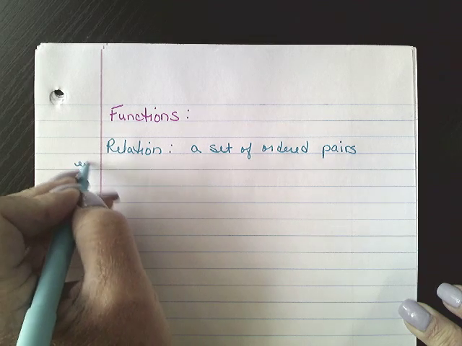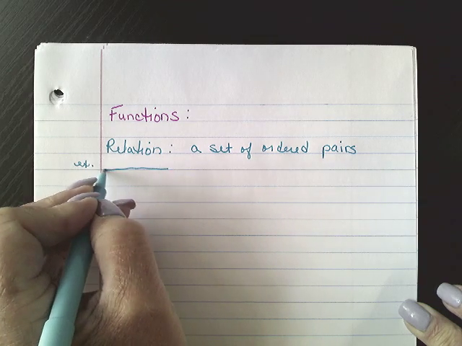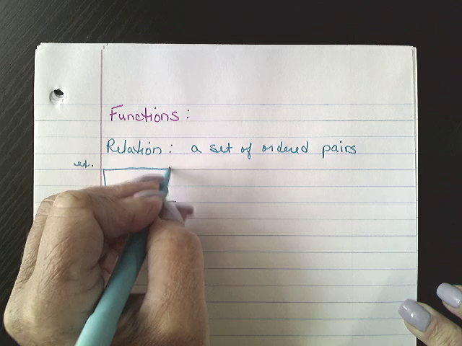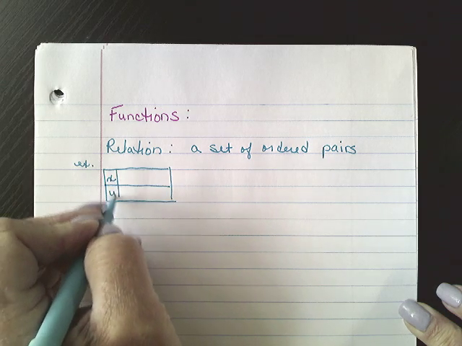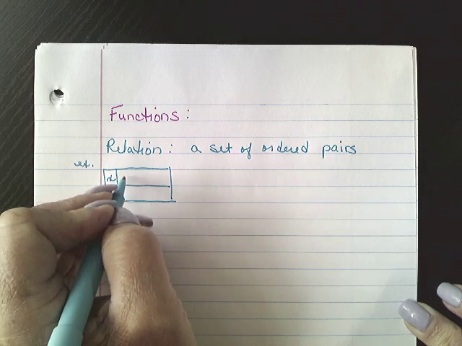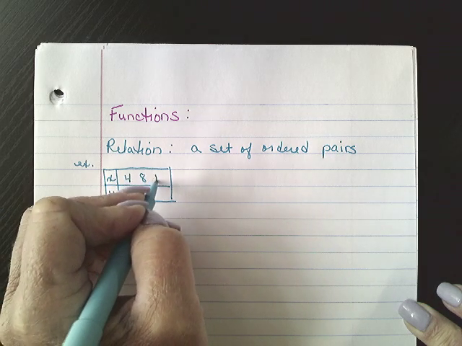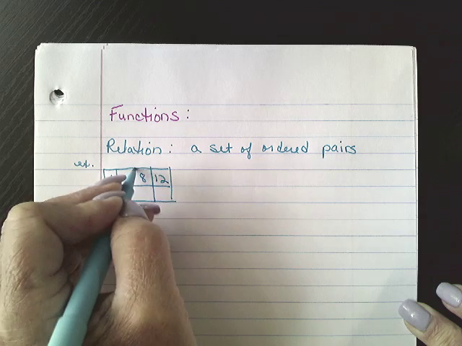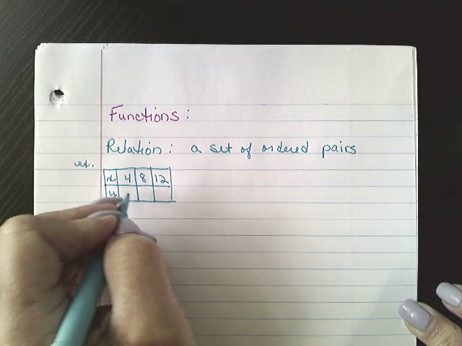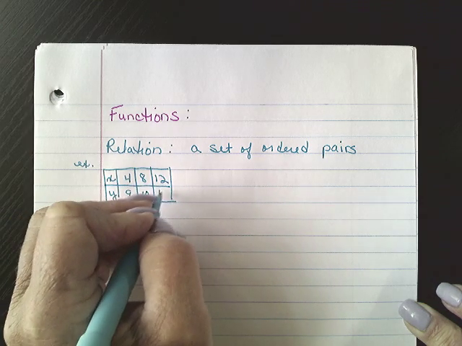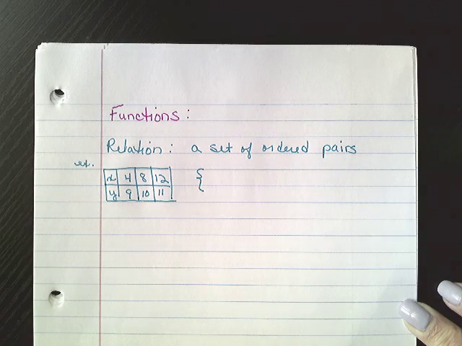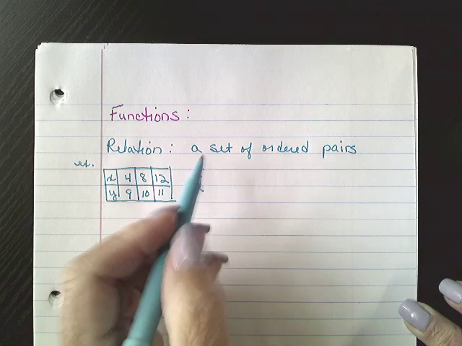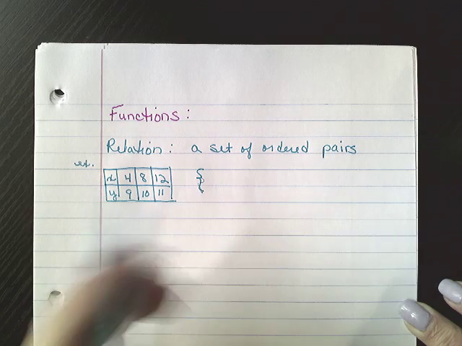So if I, for example, have a table, and our table has both x and y coordinates, and let's just say our coordinates are 4, 8, and 12 for x, and then for y, 9, 10, and 11. So we would make a notation of our ordered pairs by putting them in a set of brackets.